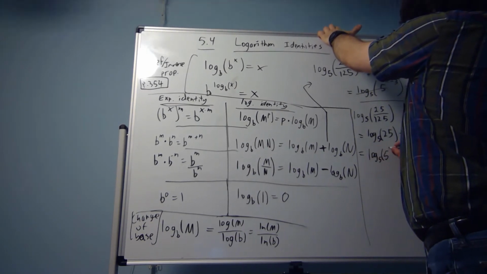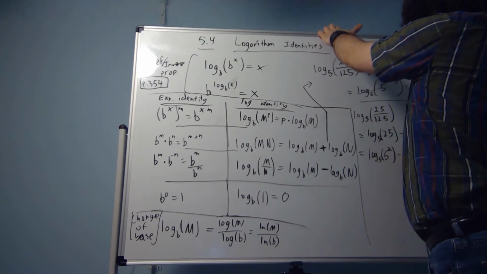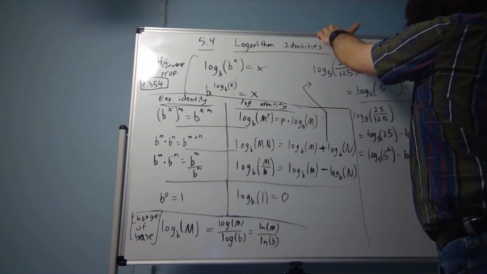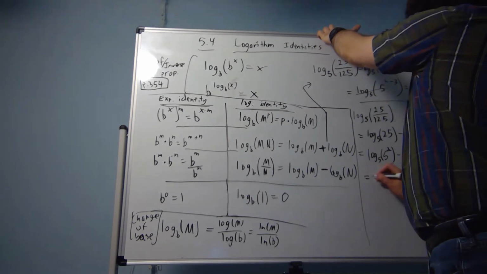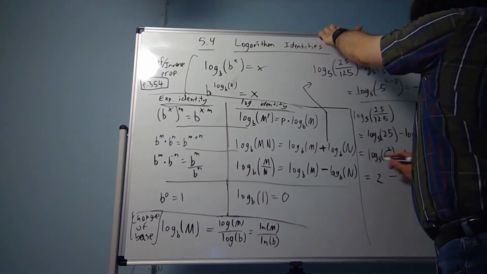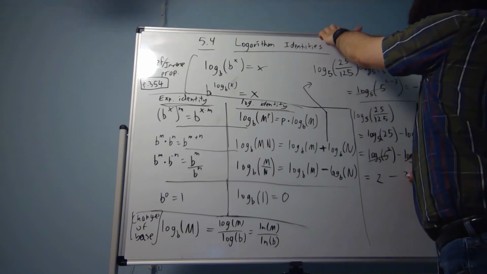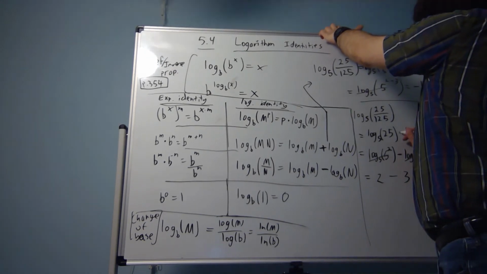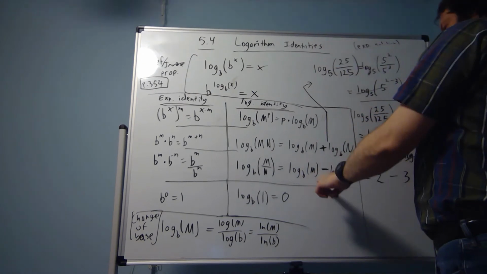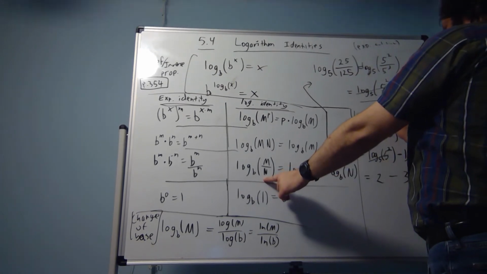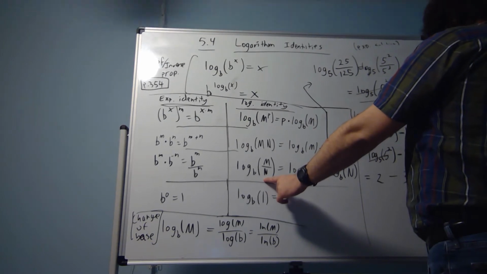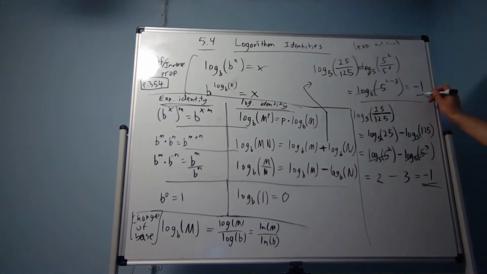So that's 5 squared, and this is 5 cubed. That's a 2, and then that's a minus, and that's a 3. This minus is from this formula because we're taking the log of a division, and we get -1 once again.